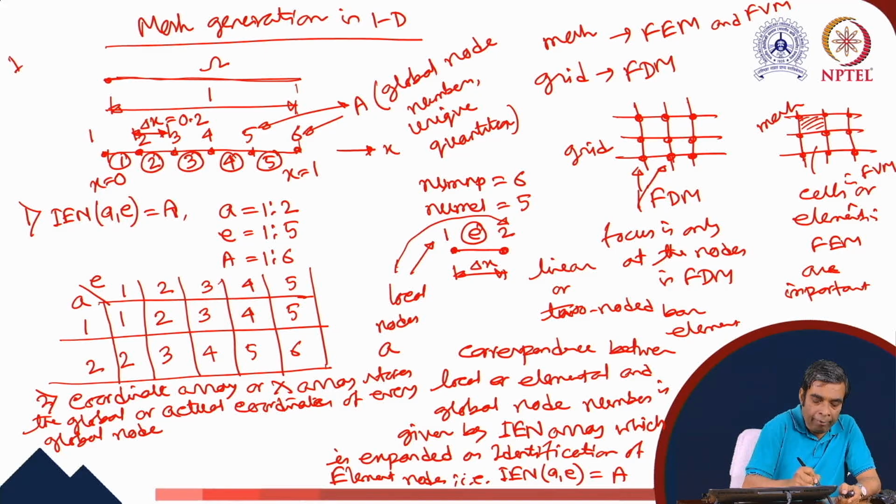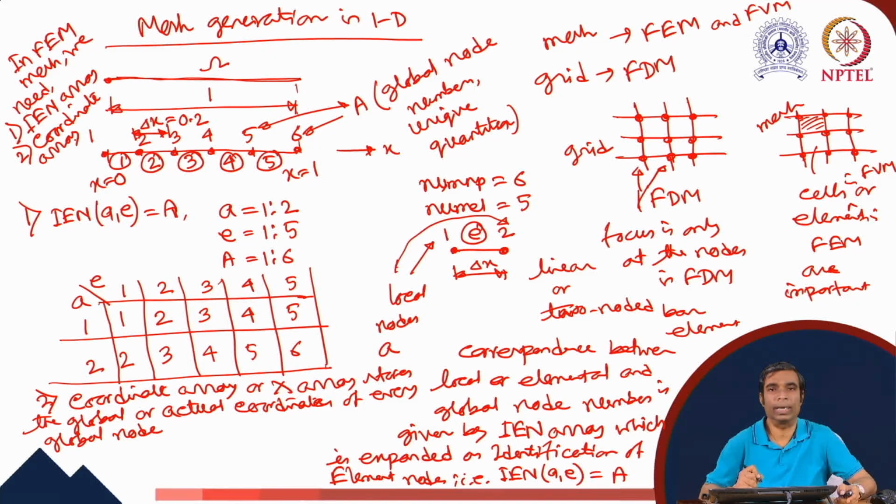So in FEM mesh, we need first the IEN array or the connectivity array, and number 2 is the coordinate array. When we have this data, we can plot the data using a software and we can see the mesh where the nodes will be identified.